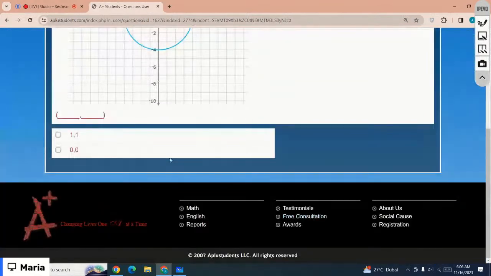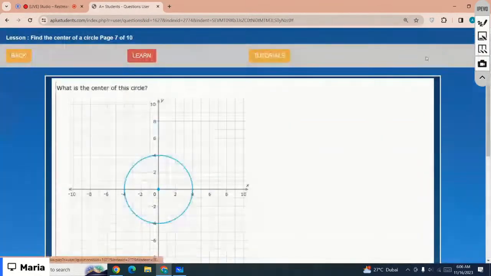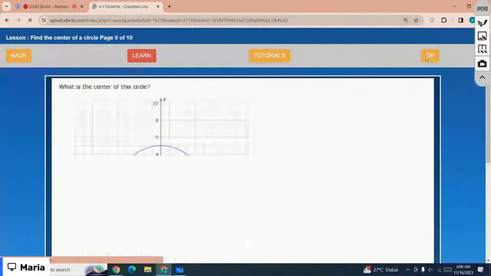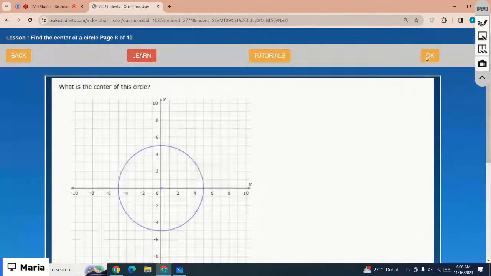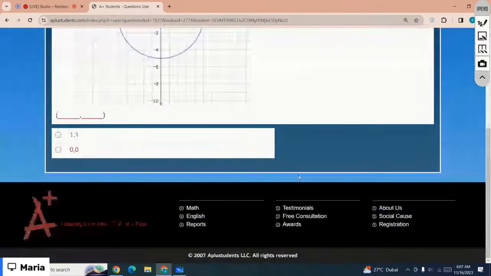Yes, that is 0, 0. The center of the circle is at the origin. Yes, that is the origin, and both x and y are 0.